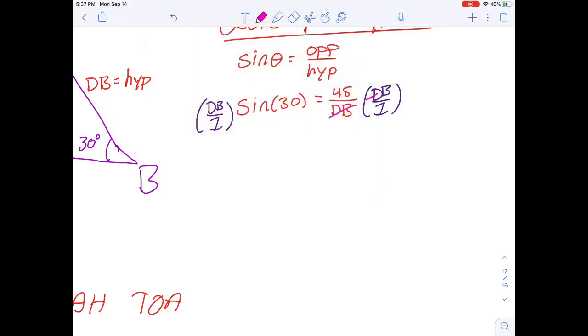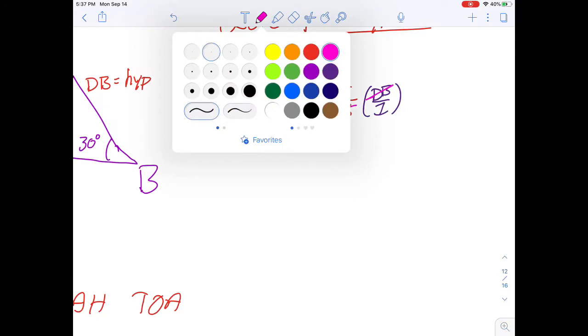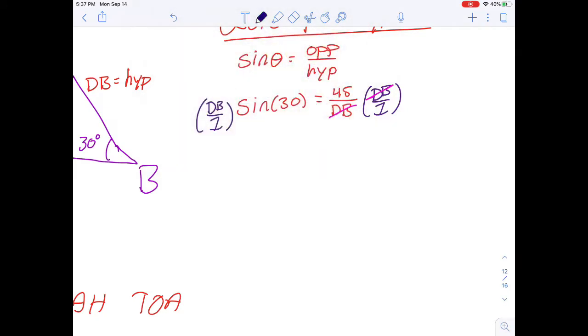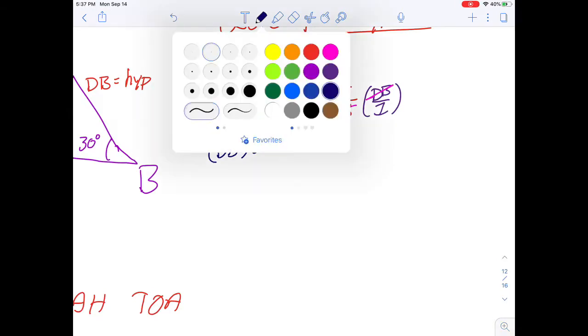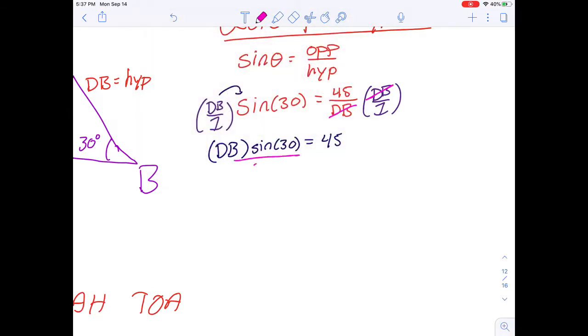This cancels our DB out. And this is going to be now DB times sine 30 divided by 1. That 1 doesn't really do much, so it'll just be DB multiplying by sine 30 equals 45. And now we can divide both sides by sine 30.